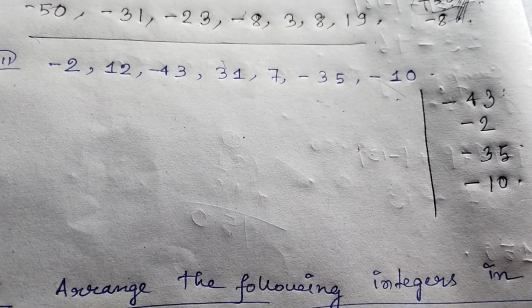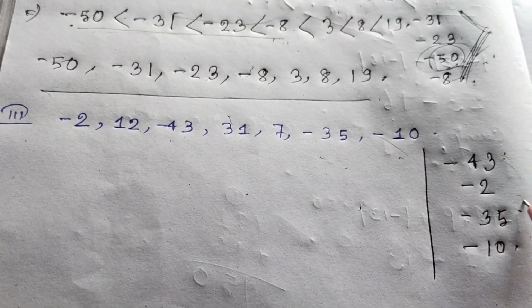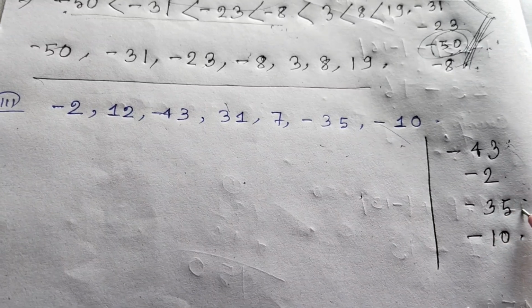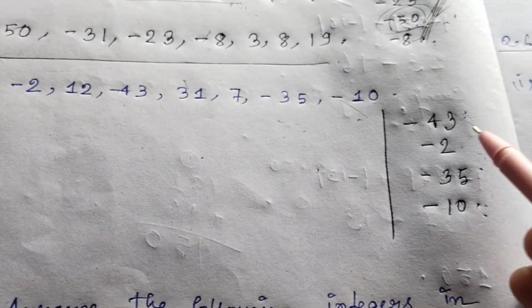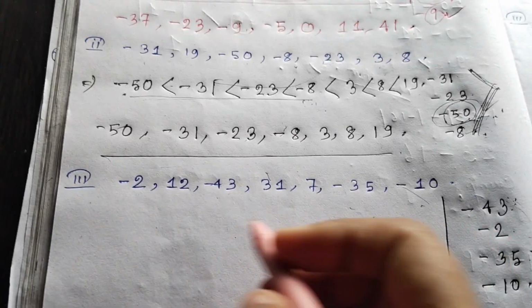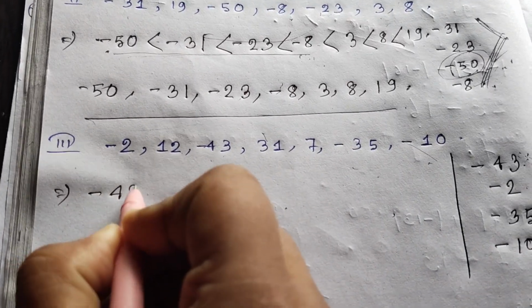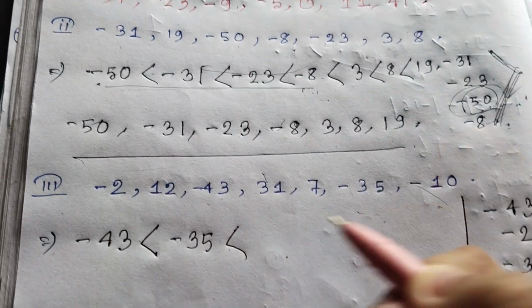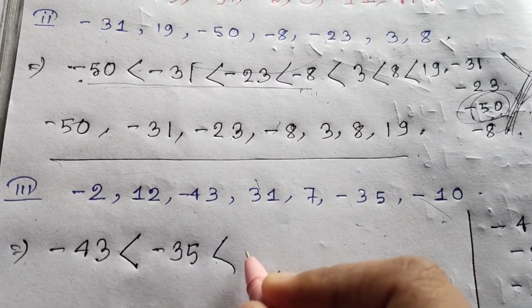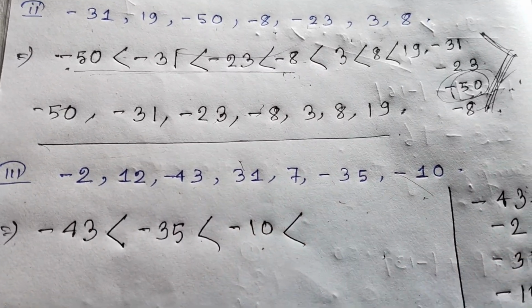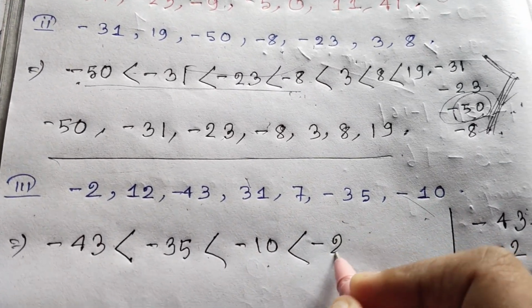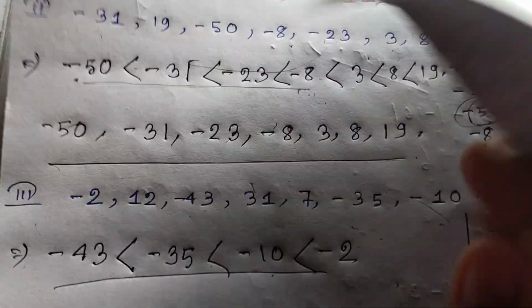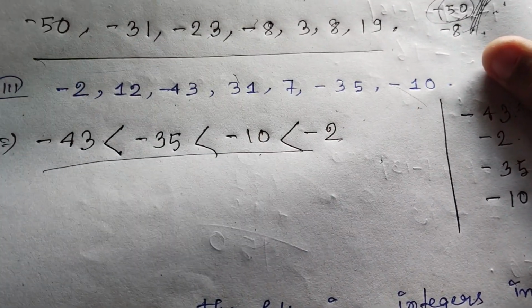Among -43, -2, -35 and -10, which is smaller? -43 is smaller. So -43 is less than -35, -35 is less than -10, -10 is less than -2. So we complete the negative integers, right?